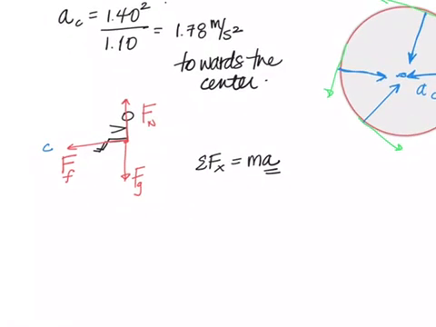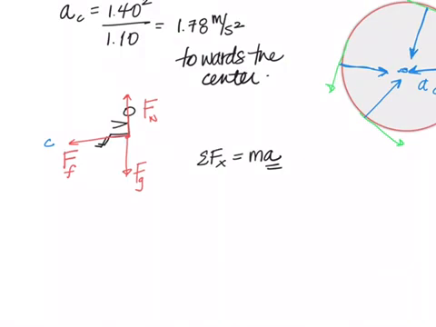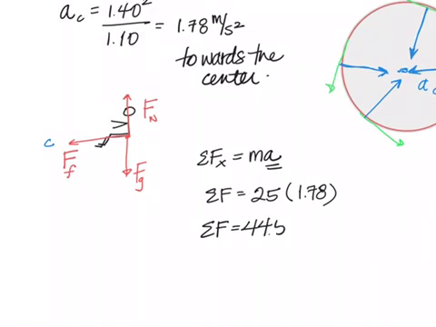So the net force would be 25 times our 1.78. 25 was given in the problem as the mass of the child. So that gives us 44.55 newtons or thereabout. And that is also pointed towards the center.